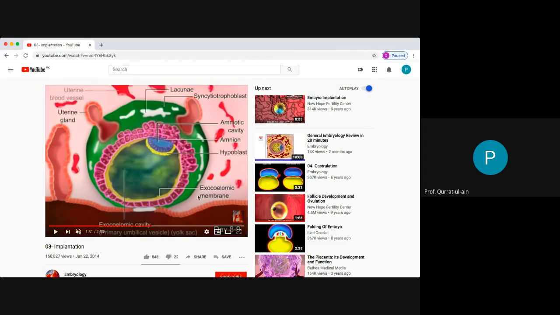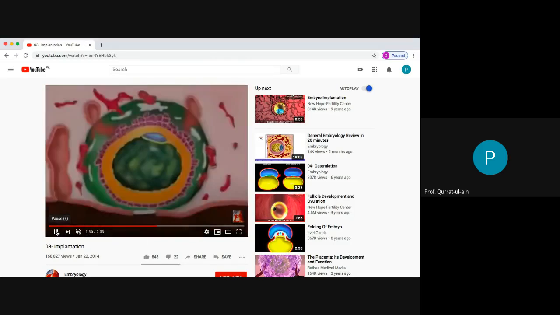This layer of cells is forming a membrane, which is exocelomic membrane, and the cavity is the primary yolk sac or exocelomic cavity. Right, this is the formation of the primary yolk sac by a layer of membrane, which is the exocelomic membrane in it.